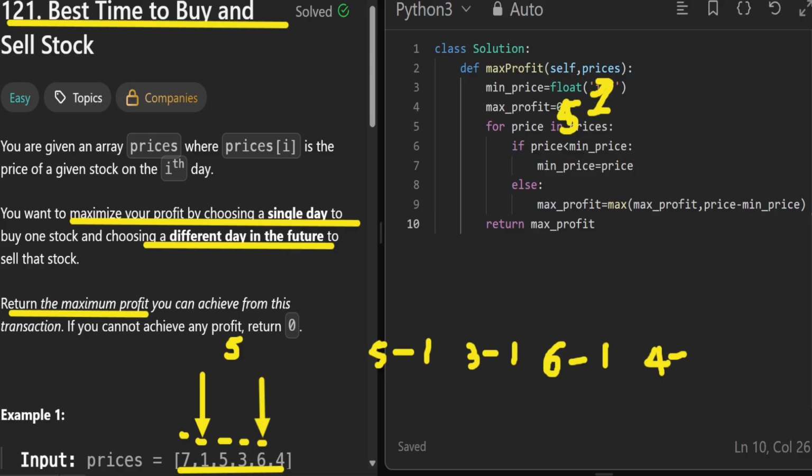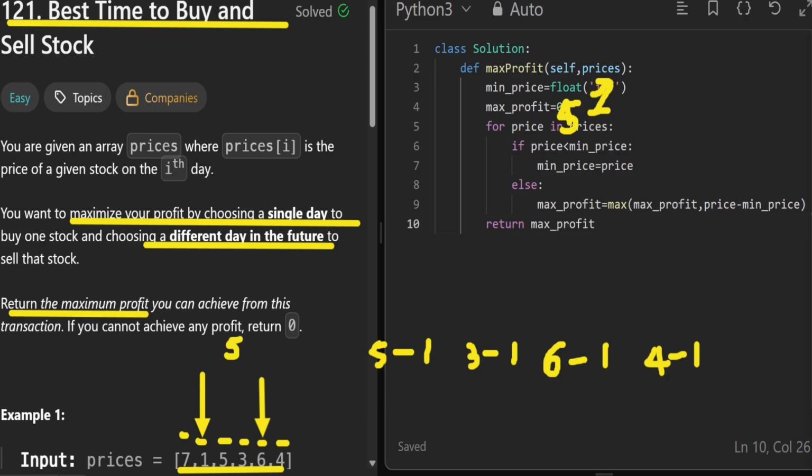So we subtract 1 from it to find the profit. 3 is not greater than the current max profit 5. So we just keep max profit as 5. No more prices to read. By the end of this loop, max profit holds the maximum possible profit you can achieve with this list.